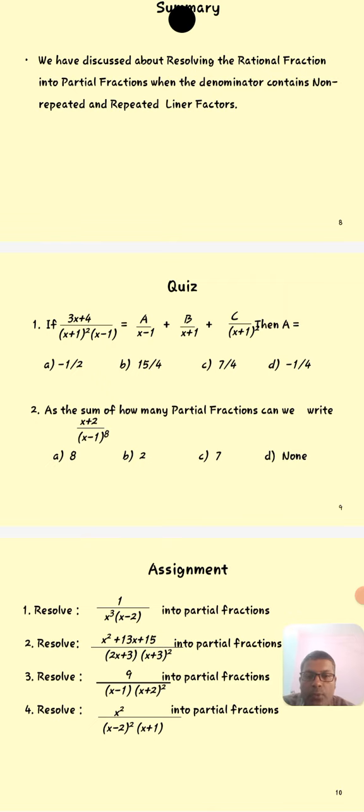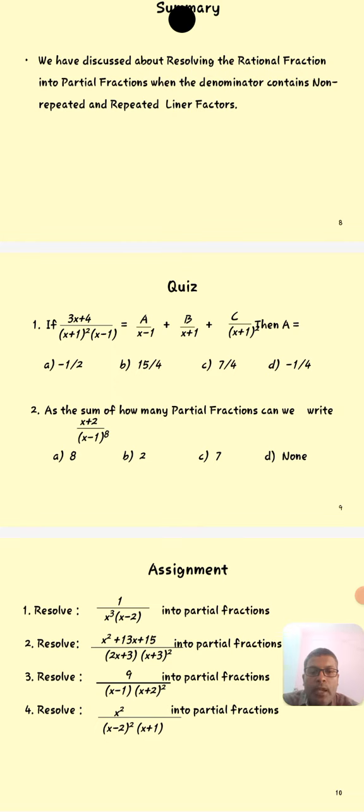Now number 4 also same. Resolve x square divided by x minus 2 whole square into x plus 1 into partial fractions. Okay. You observe in the denominator part x minus 2 whole square and x plus 1. Here x minus 2 is repeated, x plus 1 is non-repeated. How to write the partial fraction format? A by x minus 2 plus b by x minus 2 whole square plus c divided by x plus 1.